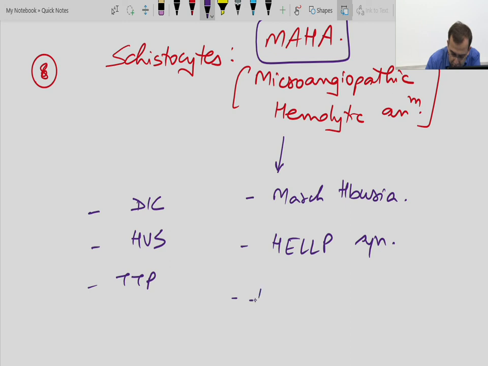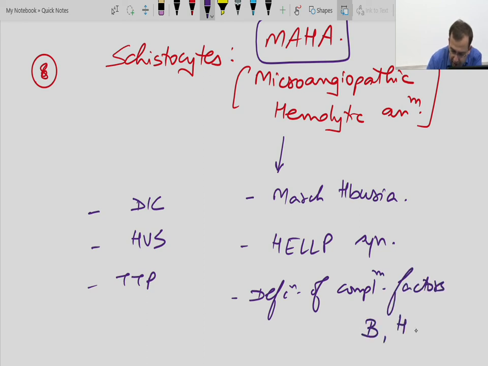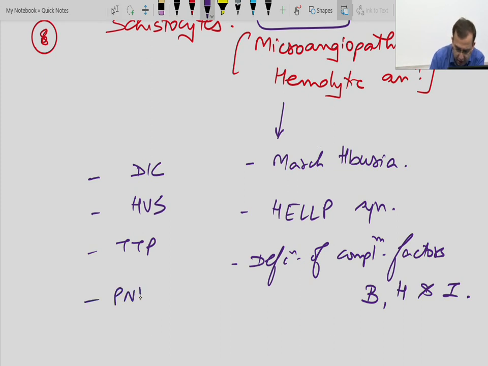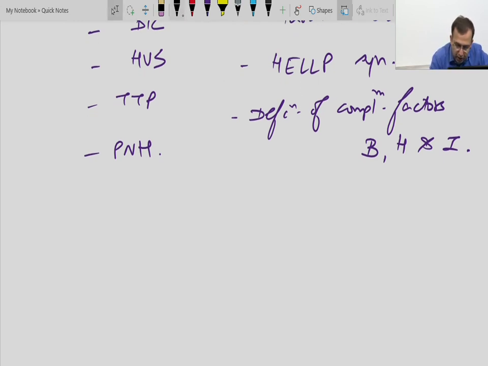Next, it is also associated with deficiency of complement factors B, H and I. And the last cause of MAHA is PNH. These are the diseases associated with MAHA. Microangiopathic hemolytic anemias, done.